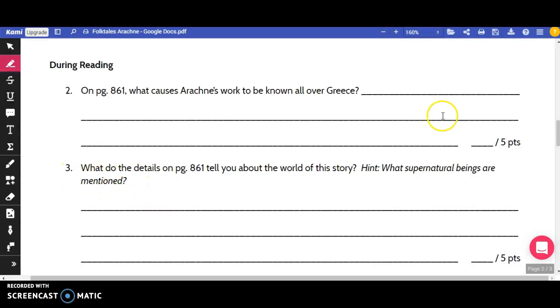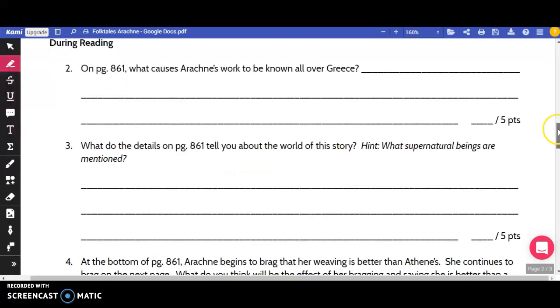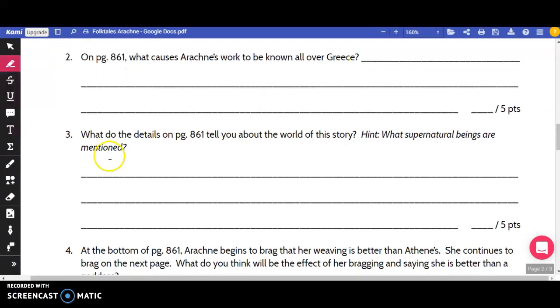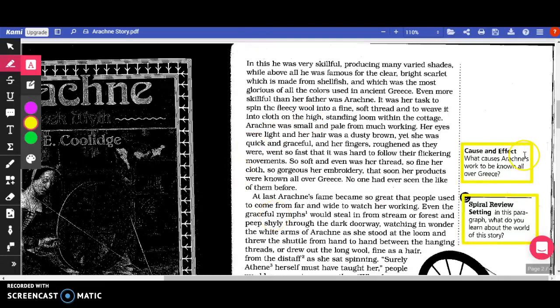The third question also deals with information from that same page. It is, what do the details on page 861 tell you about the world of the story? Hint, what supernatural beings are mentioned? Here, it talks about graceful nymphs of the forest who would come to watch her weave.